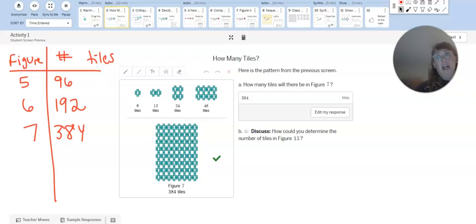So a quicker way to do that would be to use our explicit formula for a geometric sequence, which would be starting with this value of 6 and then multiplying by 2 until we get to figure 15. So let's take a look at working through that on slide 3.